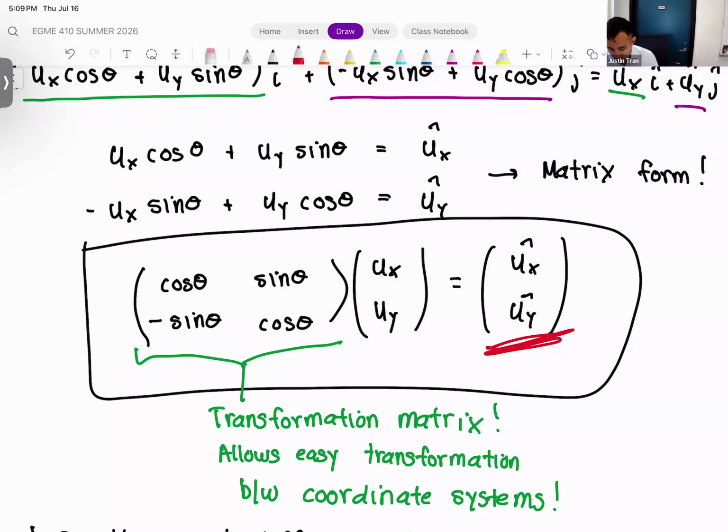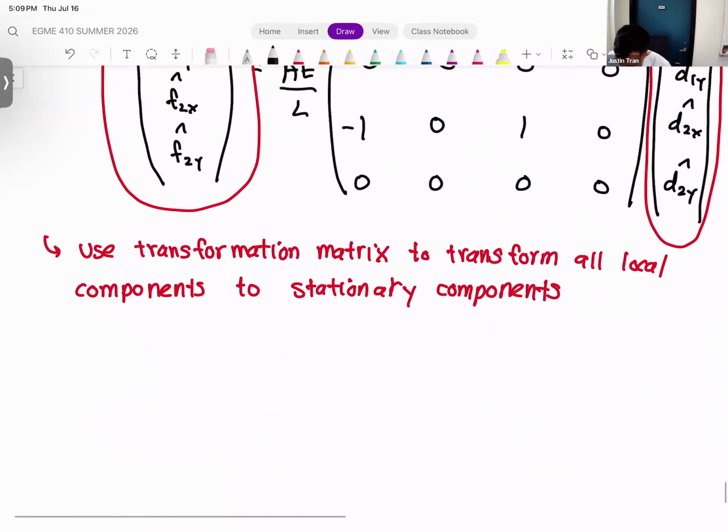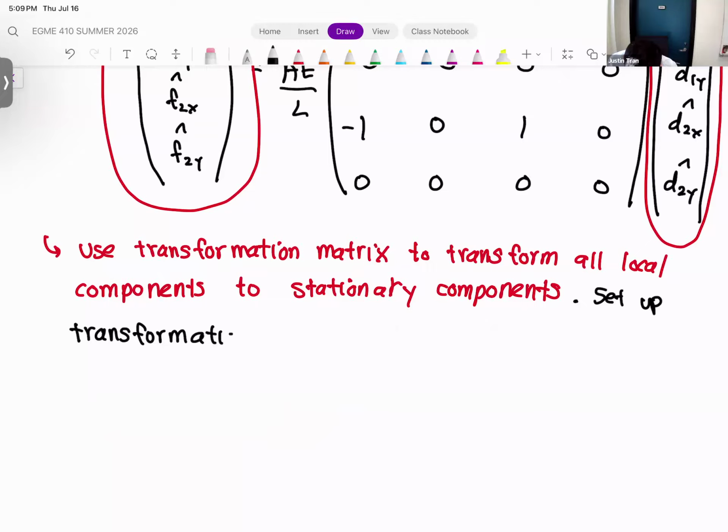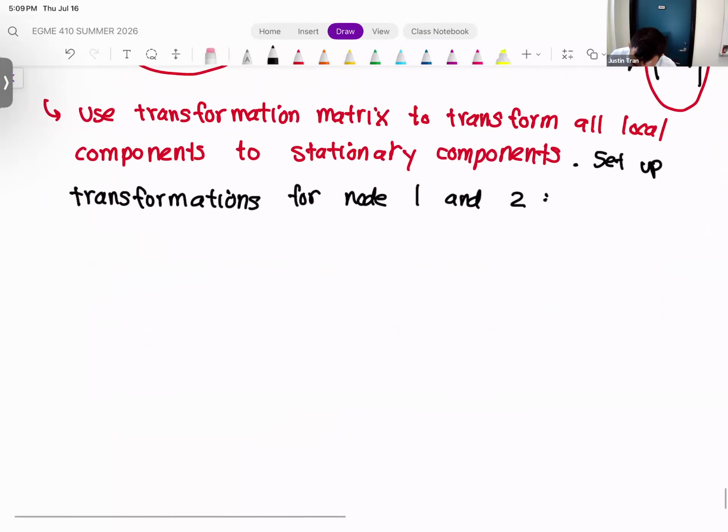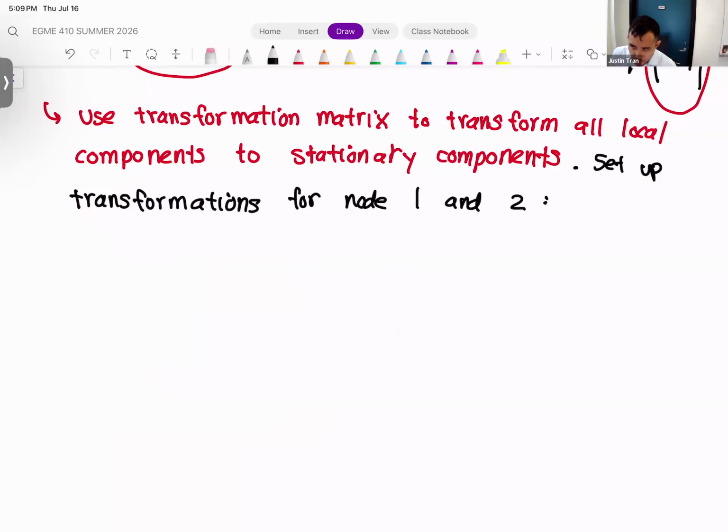So let's go ahead and set that up. We need to set up two transformation matrices, one for node 1, the other one for node 2.